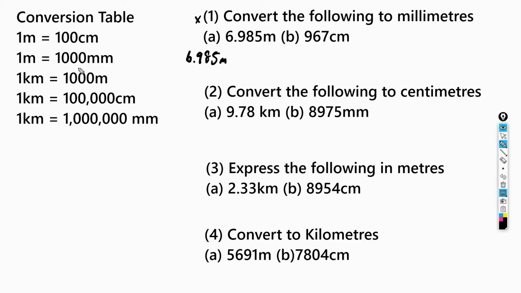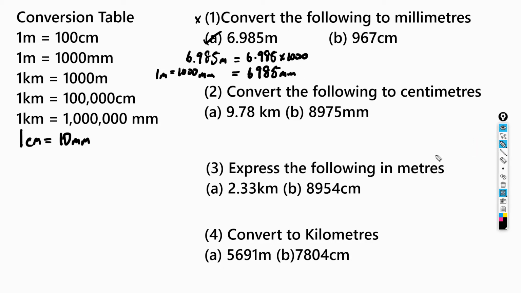We know that 1 meter is equal to 1000 millimeters, so the answer would be 6.985 multiplied by 1000, which is equal to 6,985 millimeters.